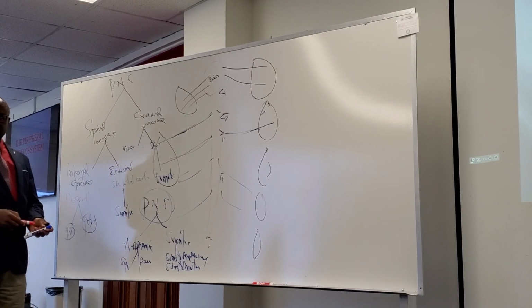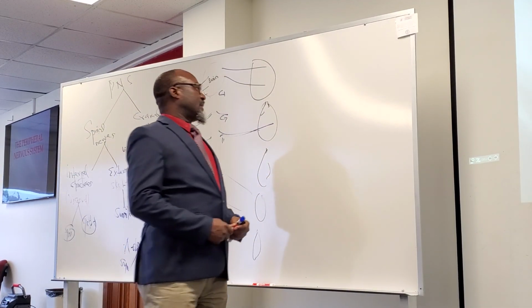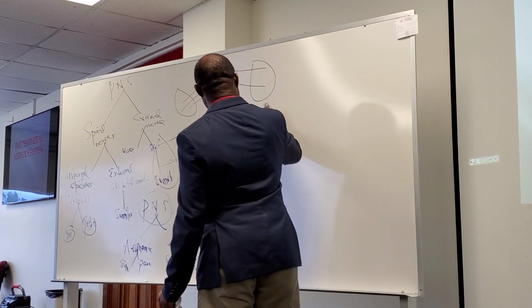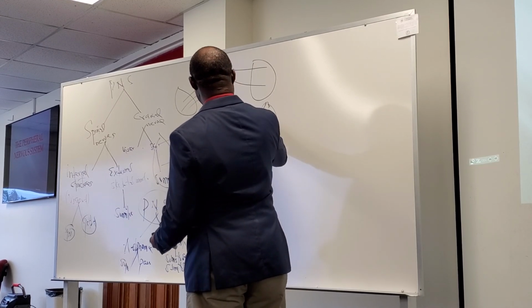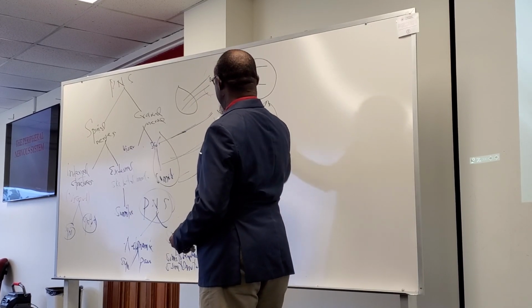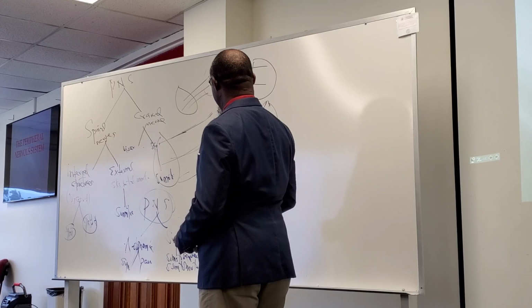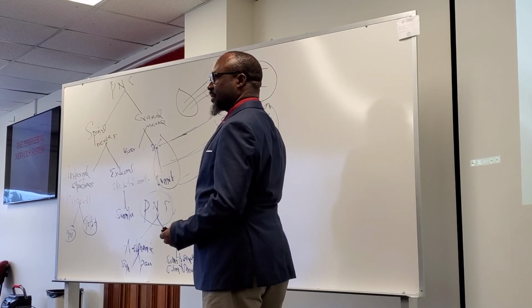When we talk about somatosensory, we're talking about how it enters. So if this is a skeletal muscle, for example, we're going to have the one that takes information in and then the one that takes information out.